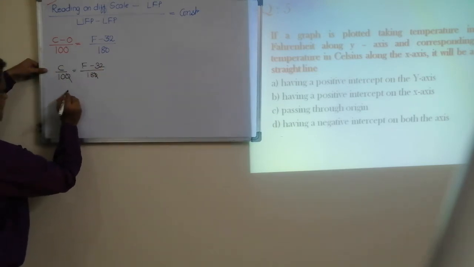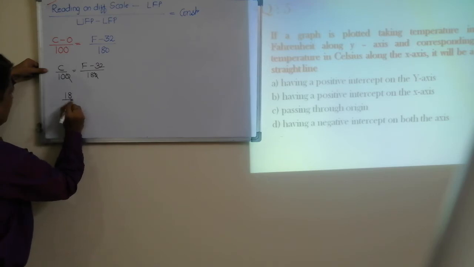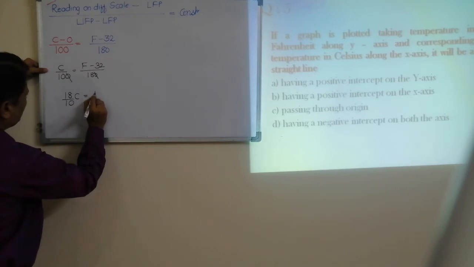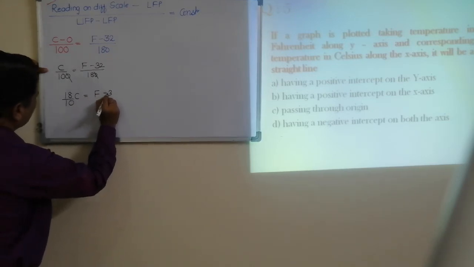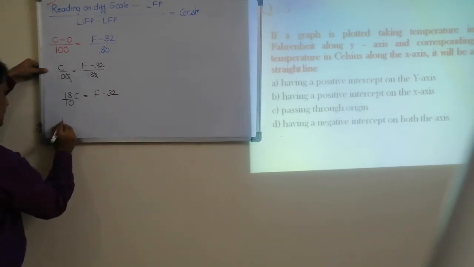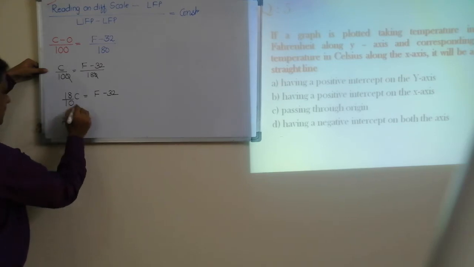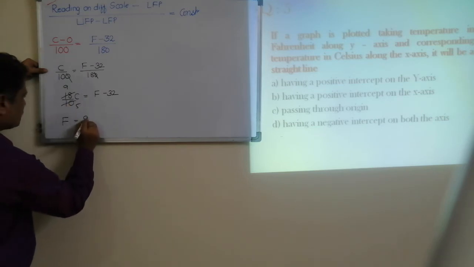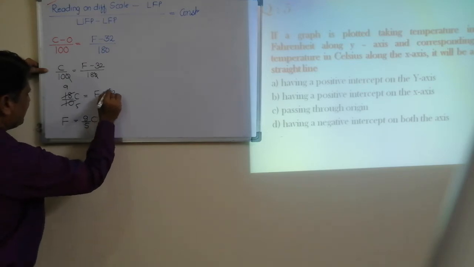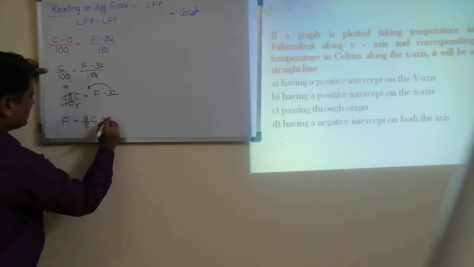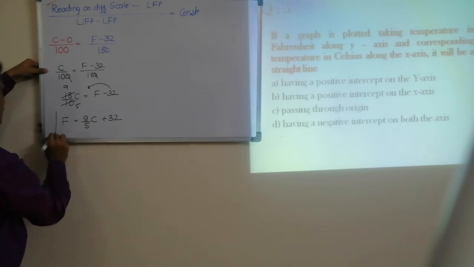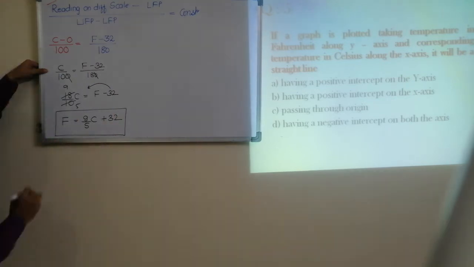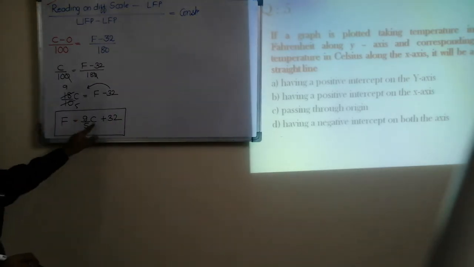So 18 by 10 C is equal to F minus 32, or F can be written as 9 by 5 C plus 32. This is the relation between the Fahrenheit scale and the degree Celsius scale.